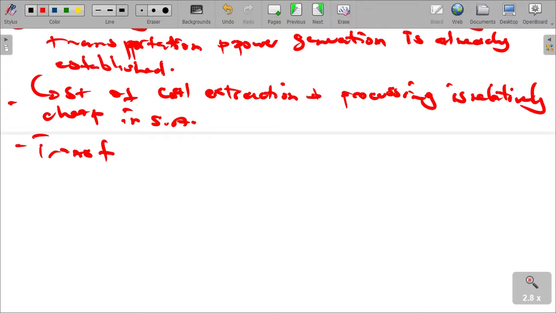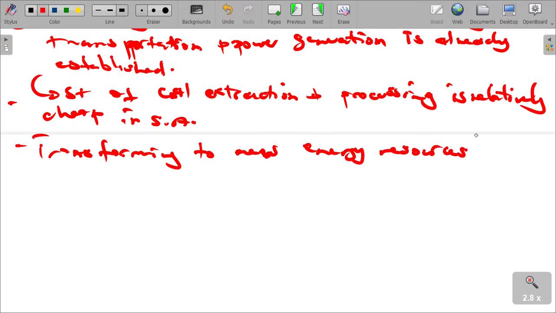Transforming to new energy resources may become very expensive than depending on the coal system that is already established.